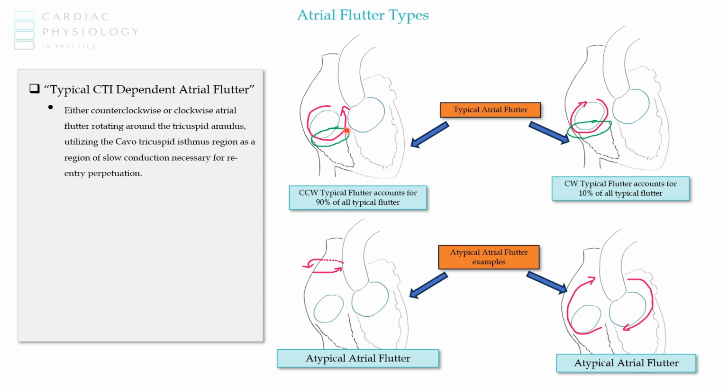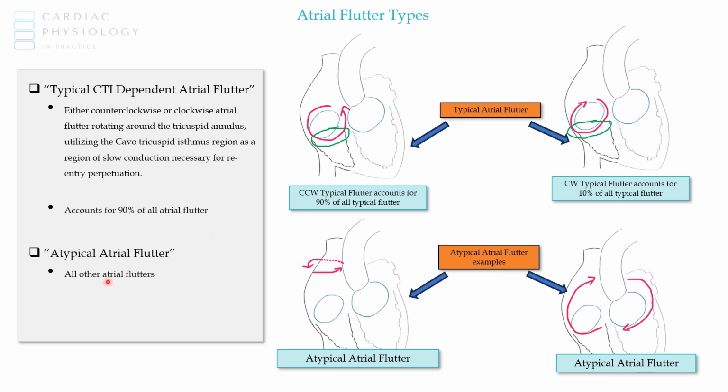Together, these two are known as typical flutter, and they account for about 90% of all atrial flutter. So 90% of all atrial flutter is typical flutter. 90% of typical flutter is counterclockwise flutter, and 10% of typical flutter is clockwise flutter.